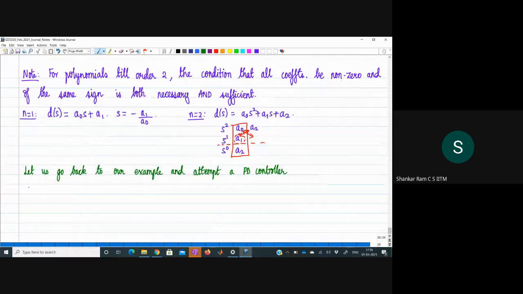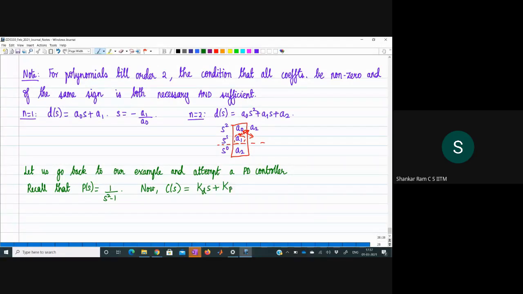Let's recall that P of s was 1 by s squared minus 1. Now the controller transfer function C of s is going to be equal to KD s plus KP, right?